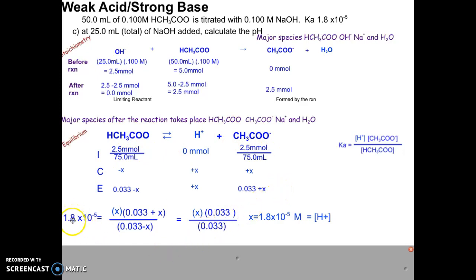So when we apply this into the Ka expression, the Ka is equal to the hydrogen ion concentration, because you'll notice that these cancel each other out. And the hydrogen ion concentration is actually 1.8 times 10 to the negative 5.